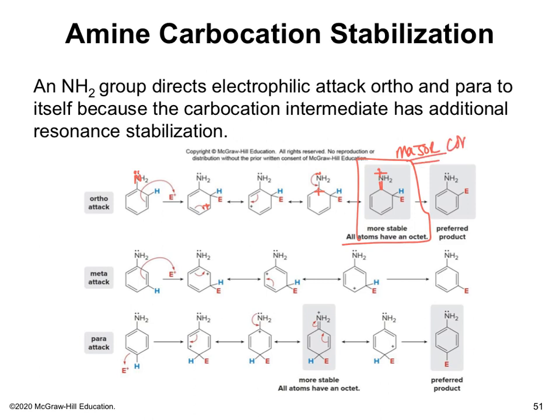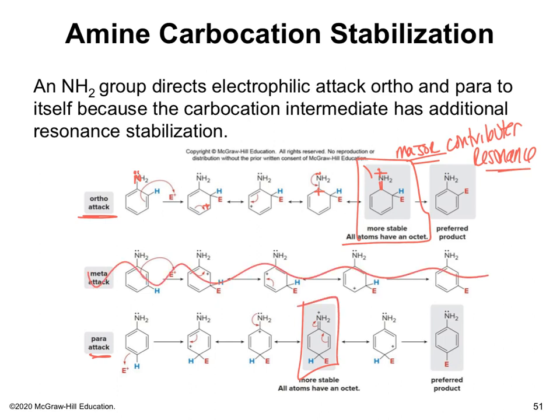Remember, we rate resonance contributors in organic chemistry, and you look at the factors. Well, this is a factor that you can get in ortho and also in para. The only thing is, in meta, you just don't get it. You never get the positive charge on this carbon for your sigma complex. And that's why it's very fast.